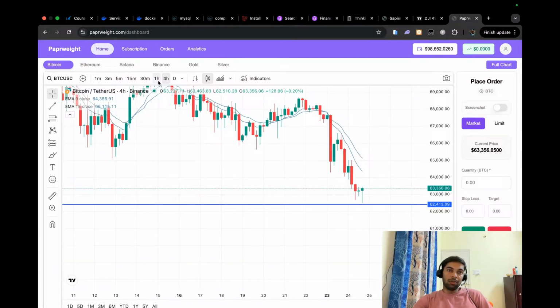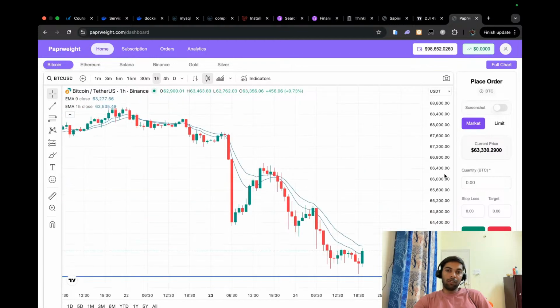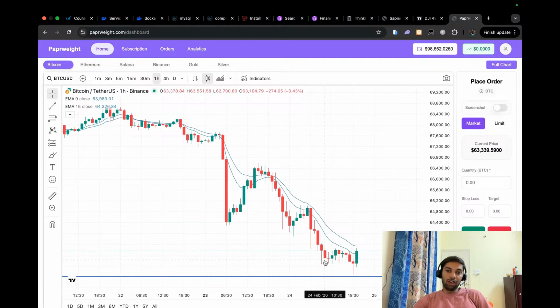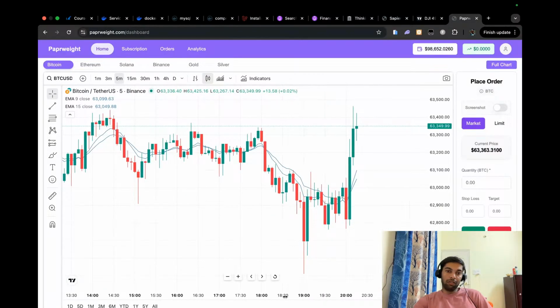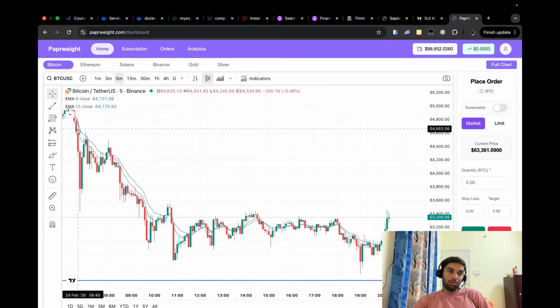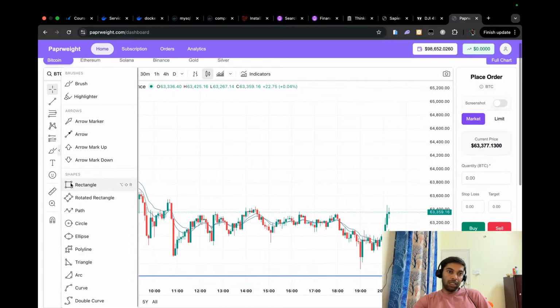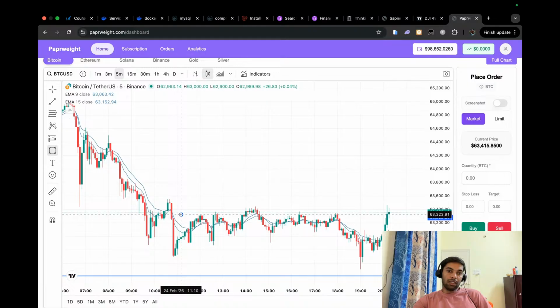So let's jump back to the 1 hour time frame, and you can see that at the 1 hour time frame the market is in a consolidation phase, like it is accumulating all these sellers, and now it might make a move in the up direction, because a reversal is quite possible. Let me do it for the 5 minute time frame. What I'm saying is, this is the resistance area.